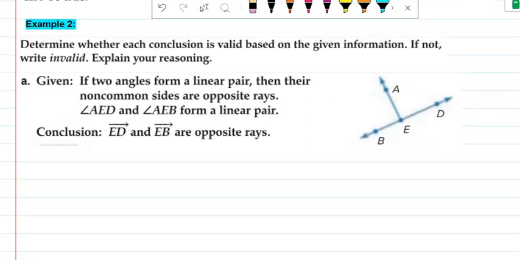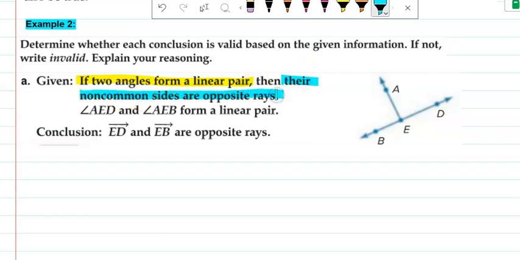If two angles form a linear pair, so that's the beginning of our sentence. If two angles form a linear pair, then their non-common sides are opposite rays. Okay, that seems reasonable. The second sentence starts with angle AED and angle AEB form a linear pair.